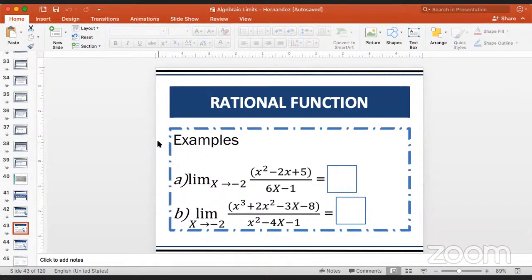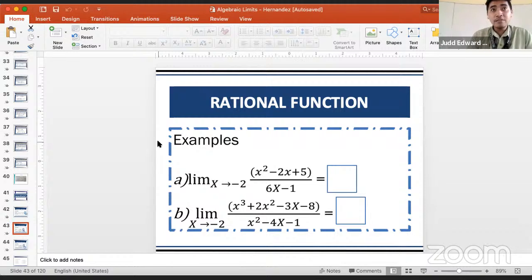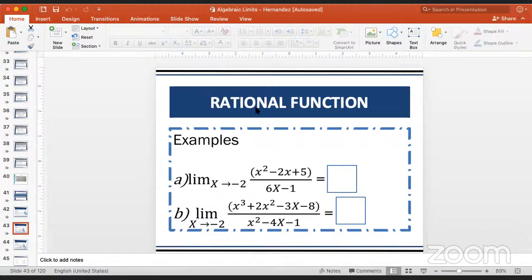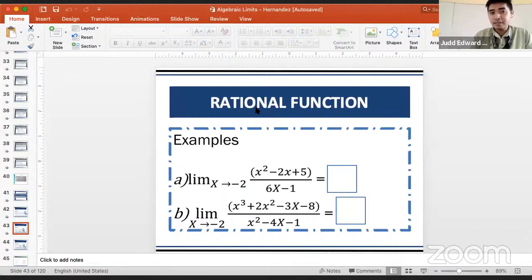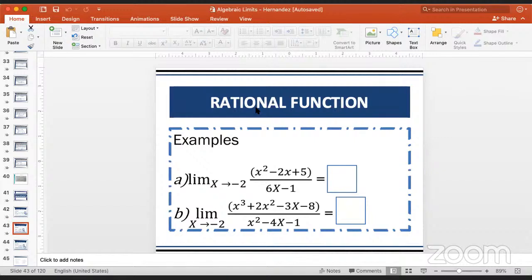The answer would be, anyone? Negative 11 po. Negative 2 squared is positive 4. Negative 11 po. Therefore, the denominator answer is negative 2 over 11.